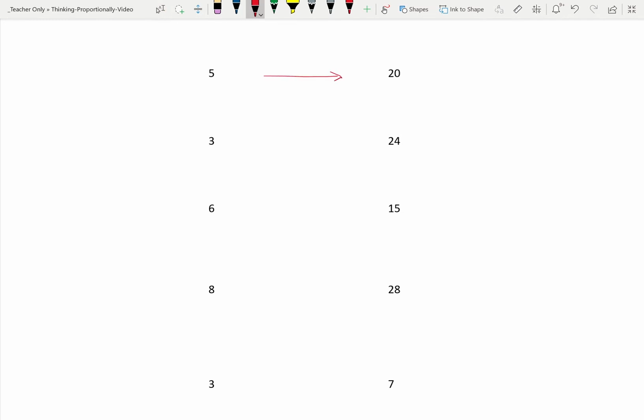To get from 5 of something to 20 of something, we can already see that's a multiplication by 4. To go from 3 to 24 is going to be a multiplication by 8.